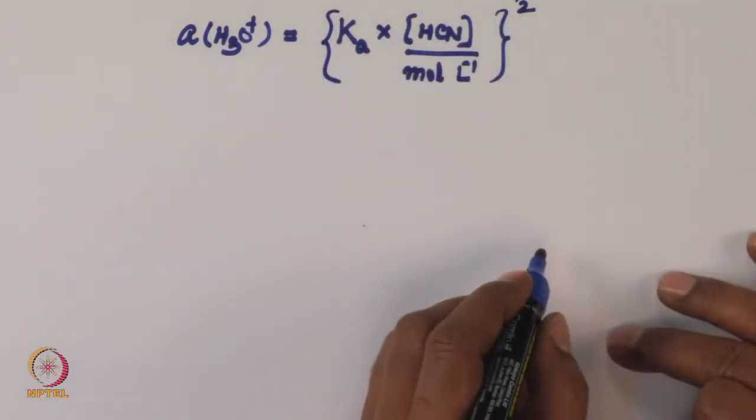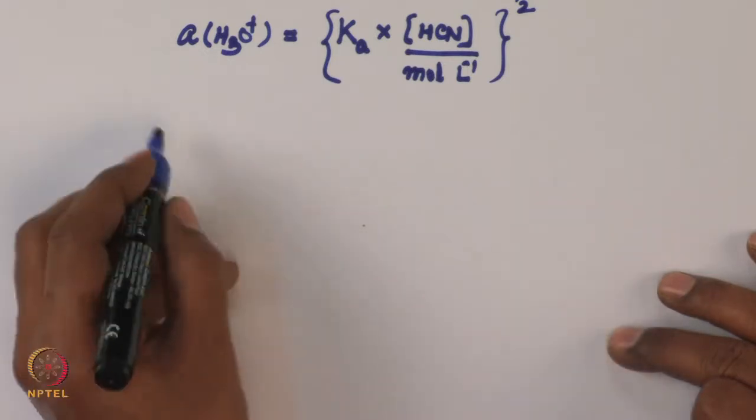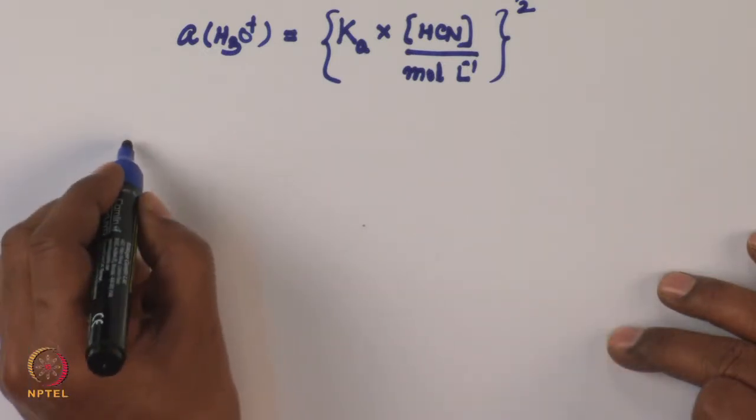And pH will be minus logarithm of hydrogen ion activity or hydronium ion activity.